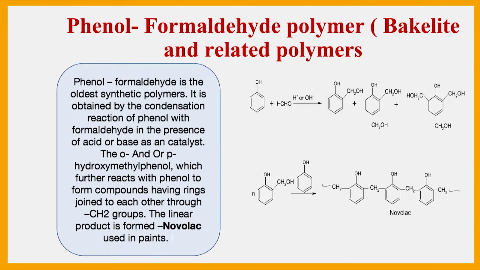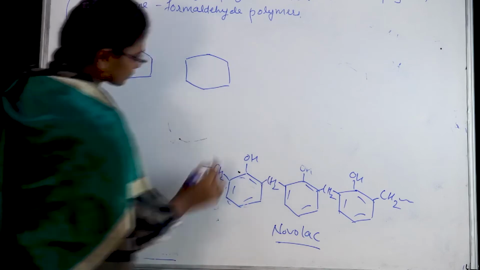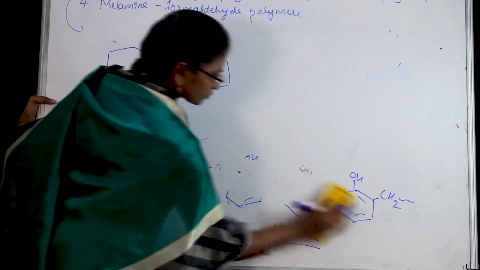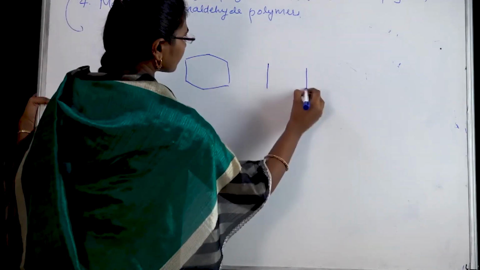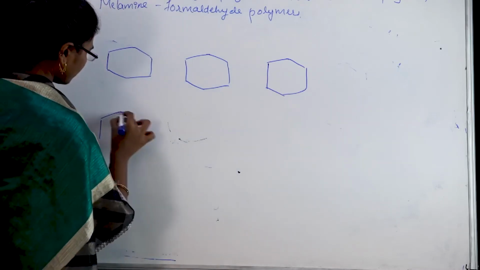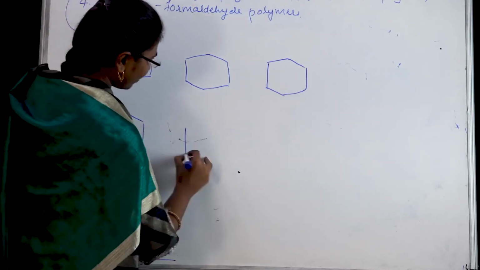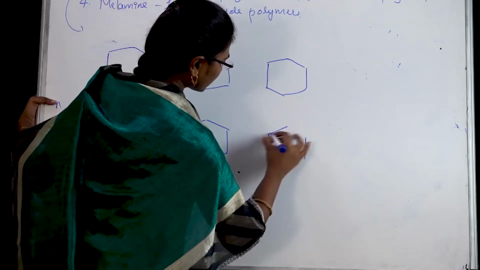So, next, from the Novolac structure we will heat Novolac again, and we will get the bakelite structure. This is very important for the examination for 2 marks. They will ask the structure of bakelite.